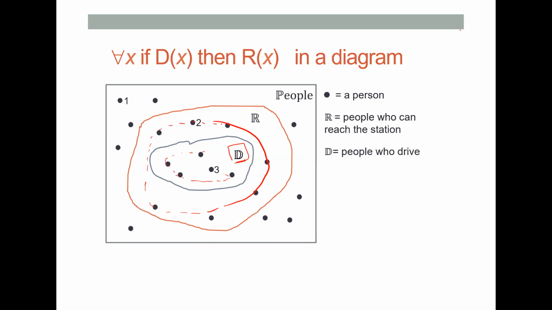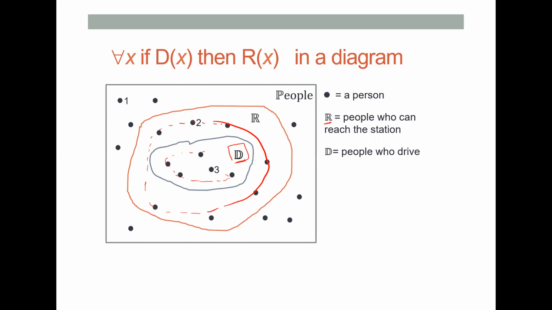You can reach the station by either driving a car or using any other way of transportation. You can walk to the station, you can take a bus, you can do cycling to the station. And the others are the set of people who are not driving and also cannot reach the station.